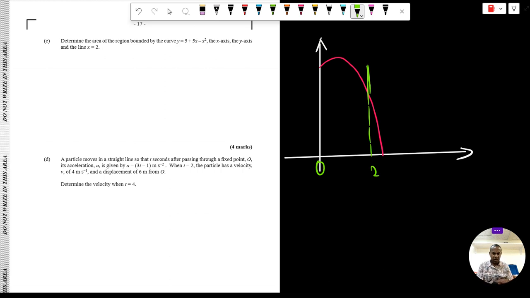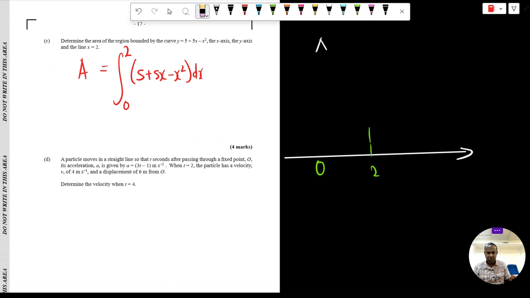So essentially our limits become x equals 0 and x equals 2, and so we can say that the area is given by A equals the integral of 5 plus 5x minus x squared dx between the limits of 0 and 2. All right? So that is essentially what we're required to find. And so let's proceed to doing that, right? I'll just take this off here.